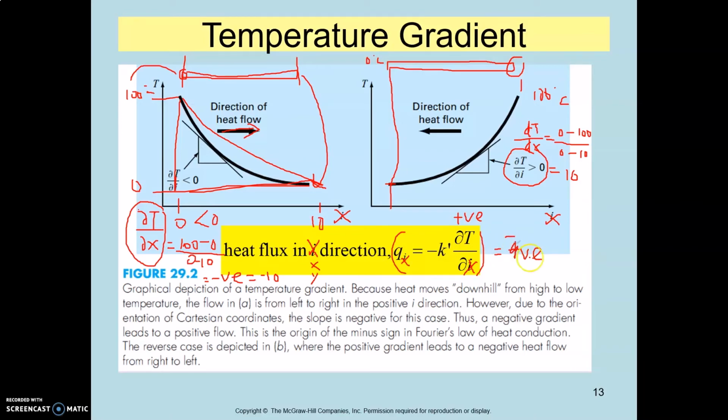So what does it tell us? If you get the heat flux Qx negative, it means that the heat is moving in the opposite direction to the x-axis. In simple terms, let's say you have a beam and you heat it here at 100 degrees Celsius and cool it here at 0 degrees Celsius, and you define the x direction this way.